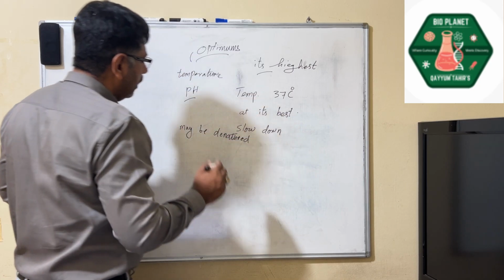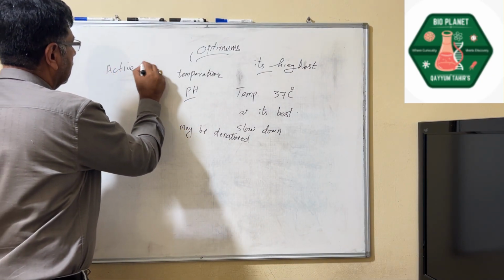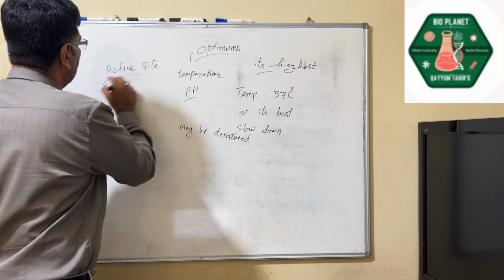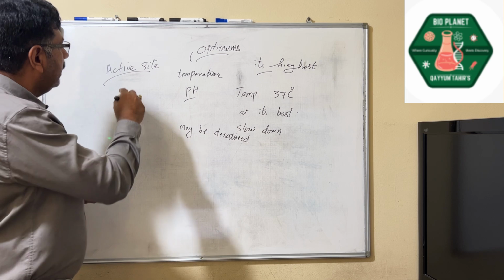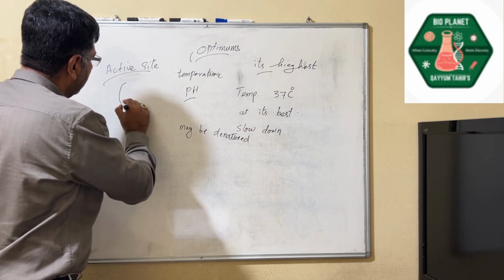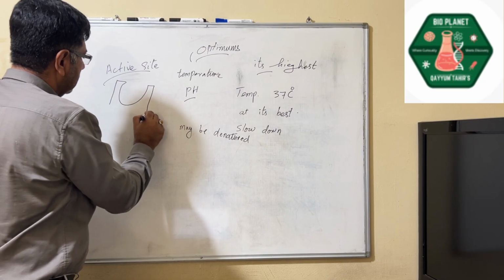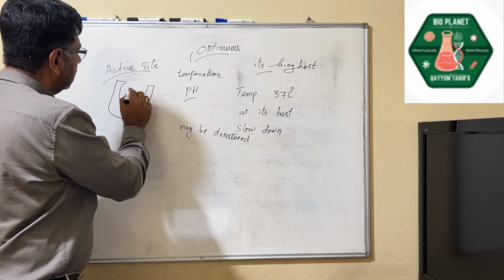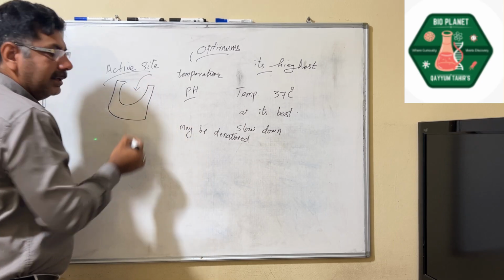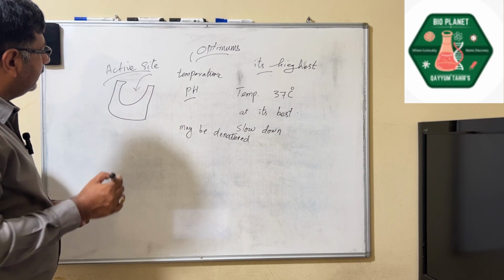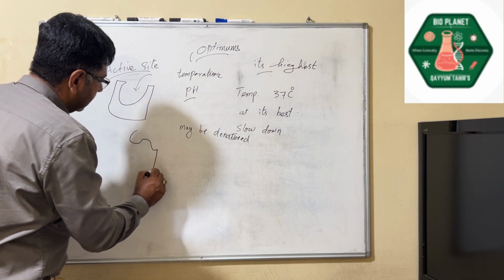Denatured means the active site where the substrate binds may lose its shape. Like the shape of an enzyme is like this, this is an active site, and this active site may be denatured. Now the shape may change like this.